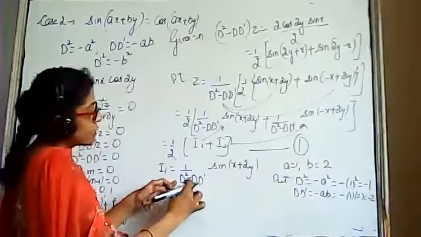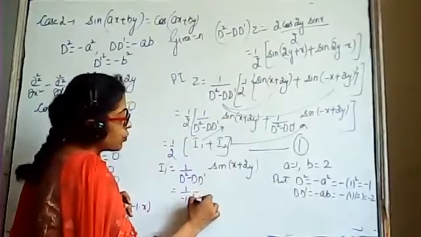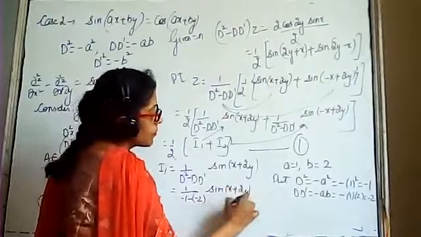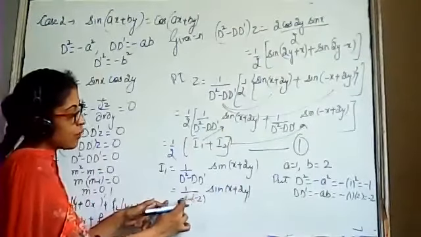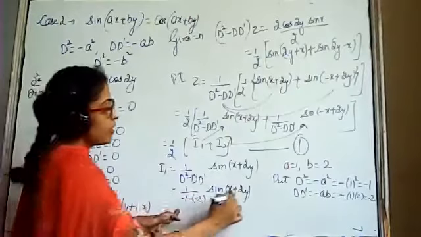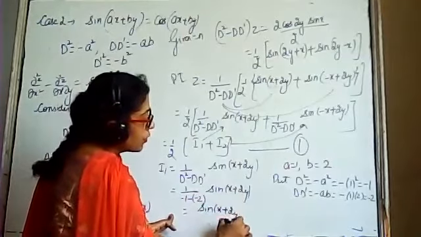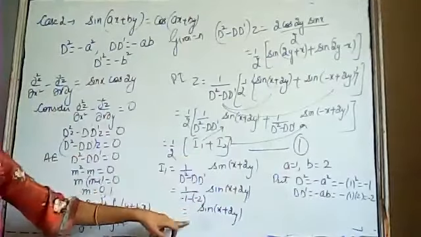Minus 1. This minus will remain as it is. The value of DD' is minus 2, into sine of (x plus 2y). Minus 1, this minus and minus will be plus 2. Minus 1 plus 2 will be plus 1, and its value is sine of (x plus 2y). This is the value of I1. ठीक है, ये I1 की value है.